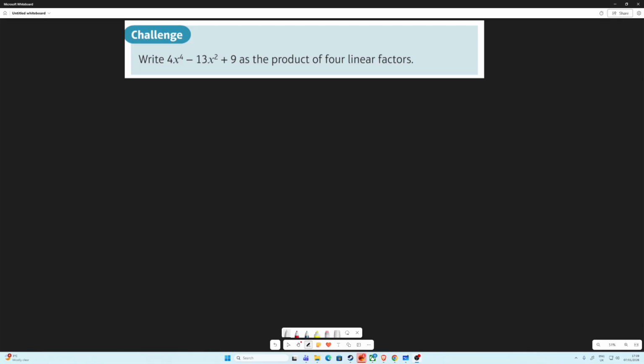Finally, let's take care of the challenge question. So you have 4x to the power of 4 minus 13x squared plus 9. Okay, we need to realize that we can write, let's do it on the right hand side, plus 9. Let x squared equal y.